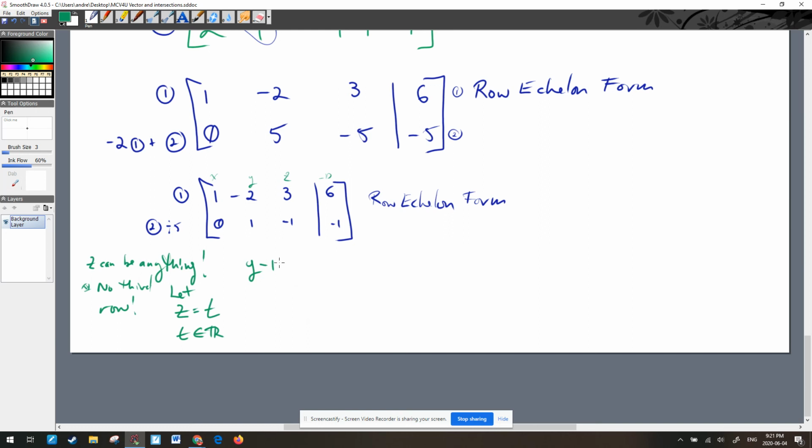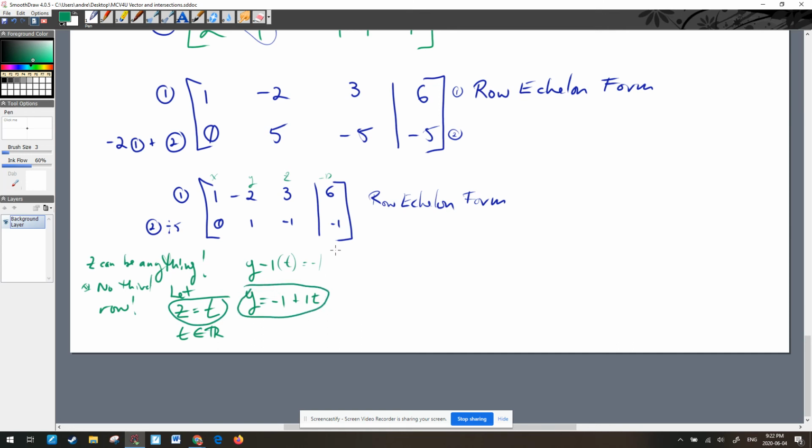So minus 1t, or just minus t, equals negative 1. So I have what z equals. Now I have what y equals. y is equal to negative 1 plus 1t. So now I have a z value and a y value.